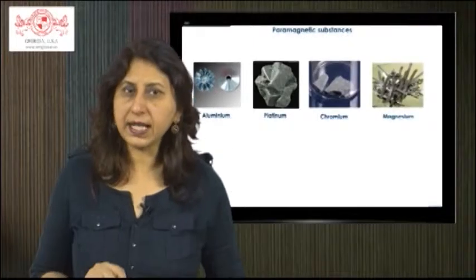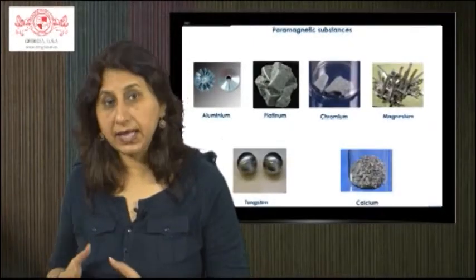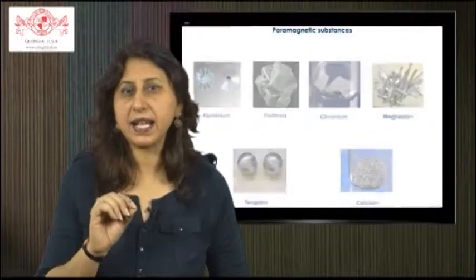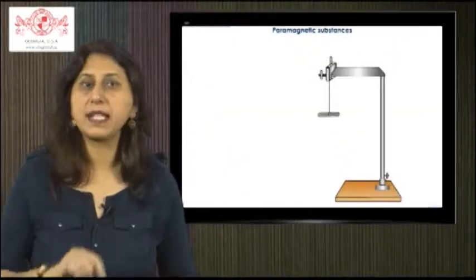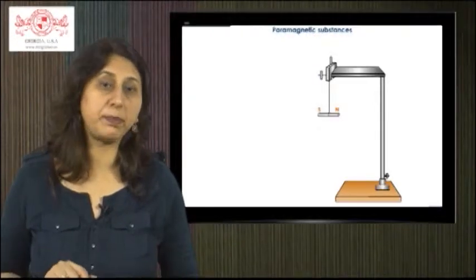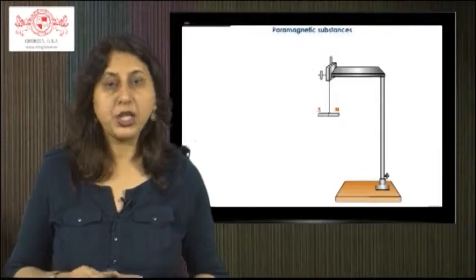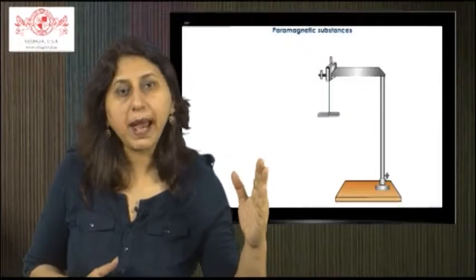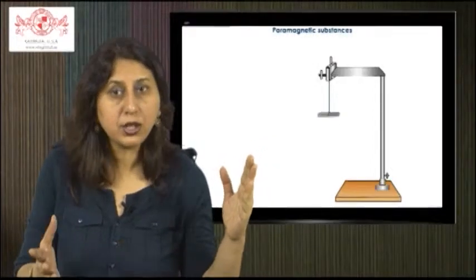A paramagnetic substance, when placed in a magnetic field, is feebly magnetized in the direction of the magnetizing field. Temperature has an adverse effect on a paramagnetic substance. Due to rise in temperature, a paramagnetic substance tends to lose its magnetism.